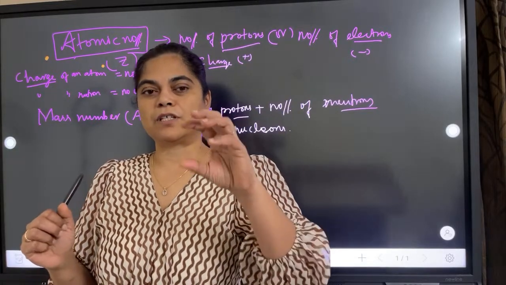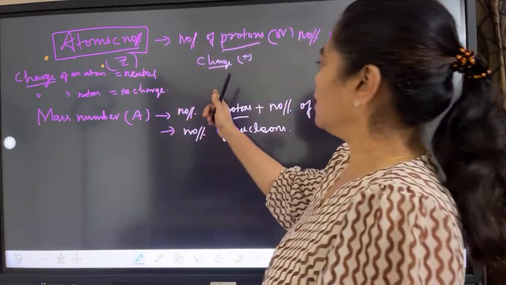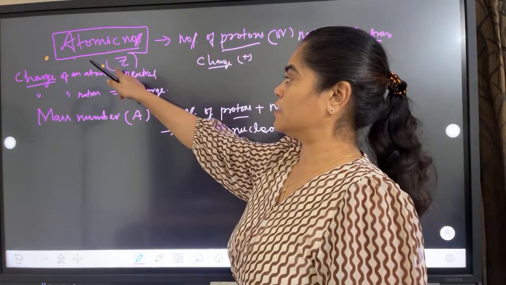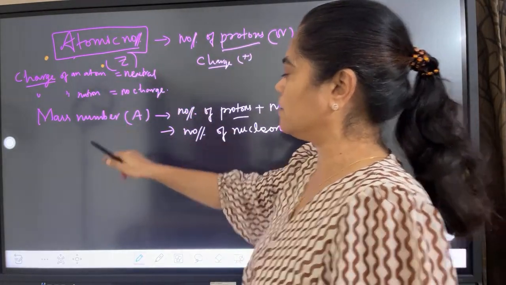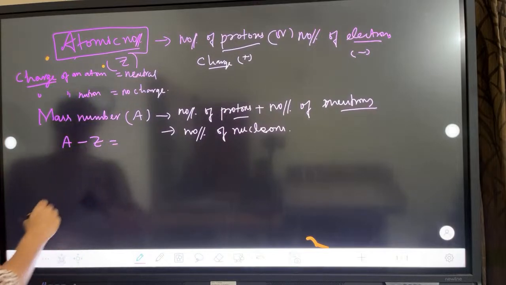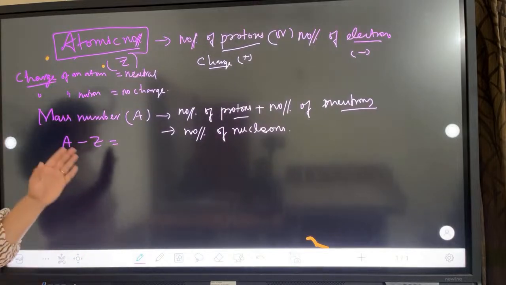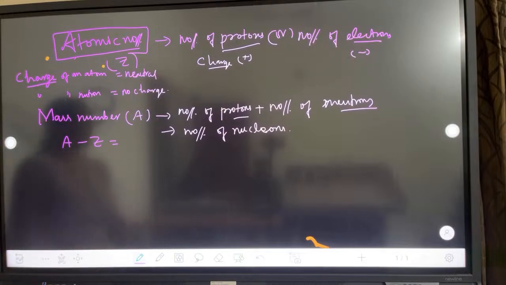So first of all, you must know about the atoms. What is the letter designated for atomic number? Z. What is the letter designated for mass number? A. So what is A minus Z? Mass number minus atomic number.